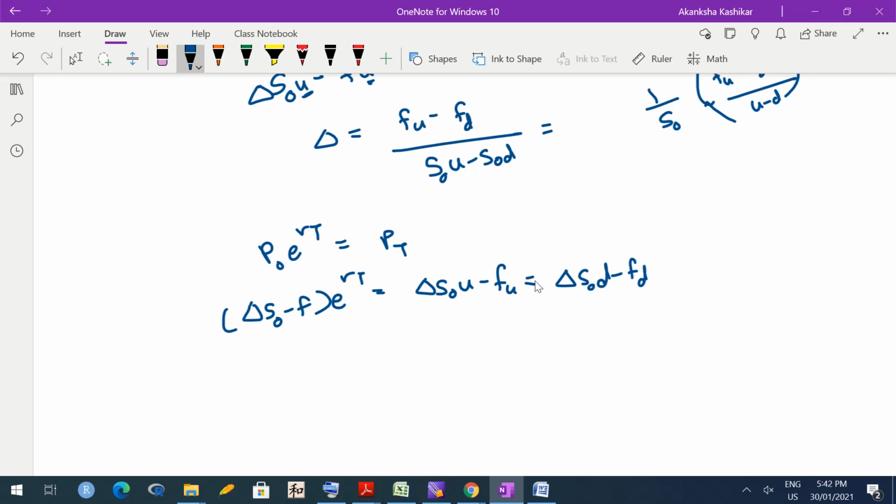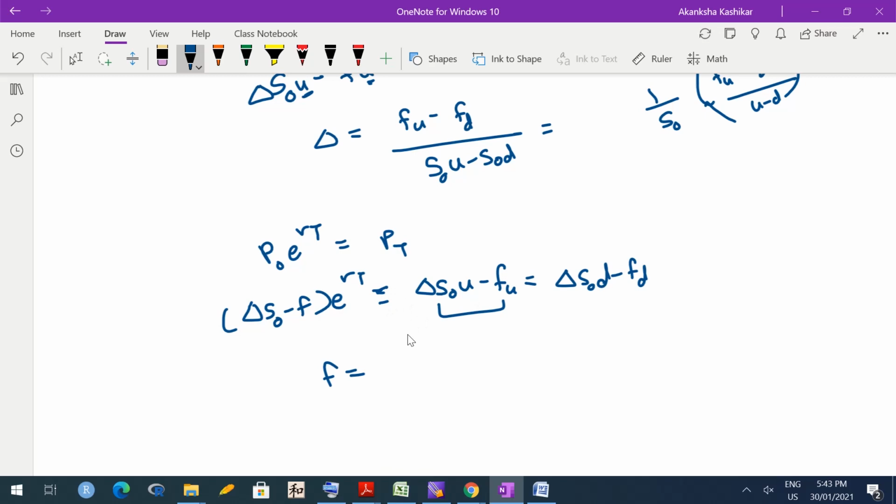Let us try to solve this for F. I get, of course, e raised to minus RT. Let me just consider the U term first.